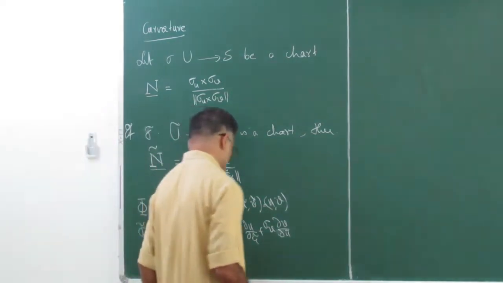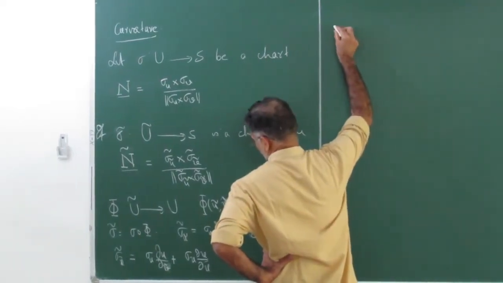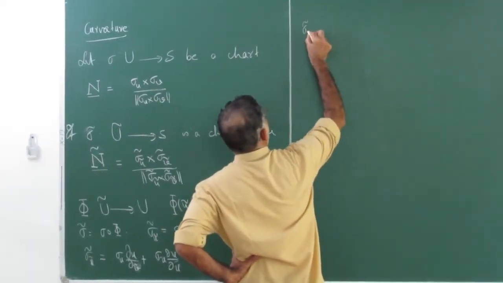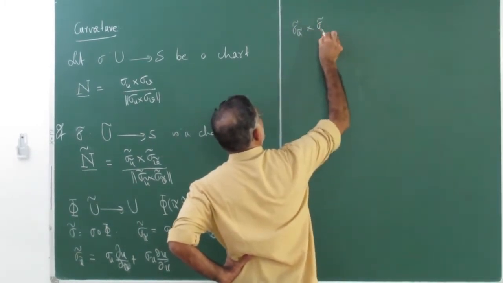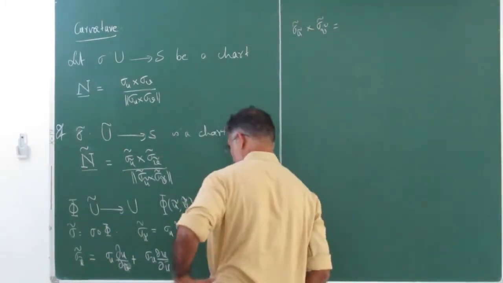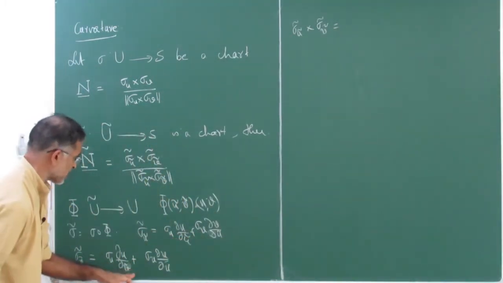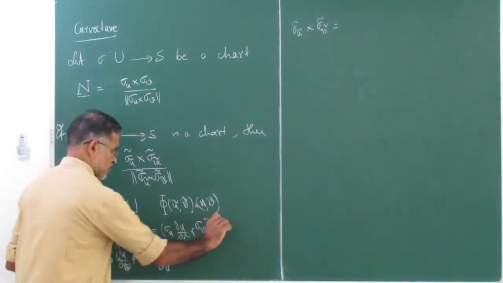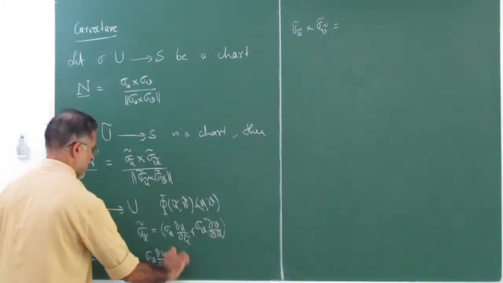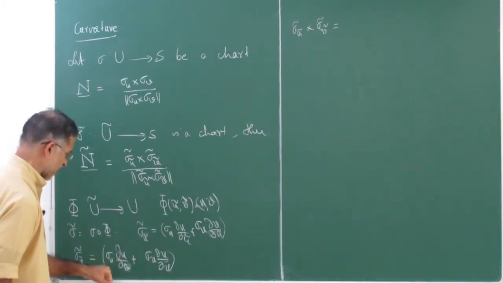So this is a simple computation, I am just repeating. So sigma tilde u tilde cross sigma tilde v tilde, we can compute it here itself. This cross this, so sigma u cross sigma v. These are real valued functions, don't worry.